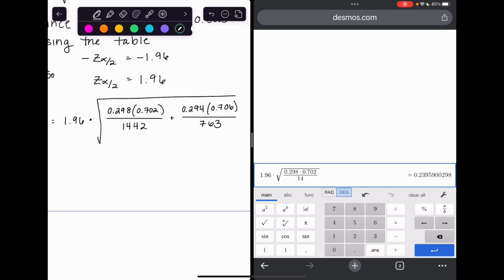And in the bottom, it's 1,442. Then I need to add another fraction, which is 0.294, times 0.706, divided by 763. So rounding to 3 decimal places, the error is about 0.040.